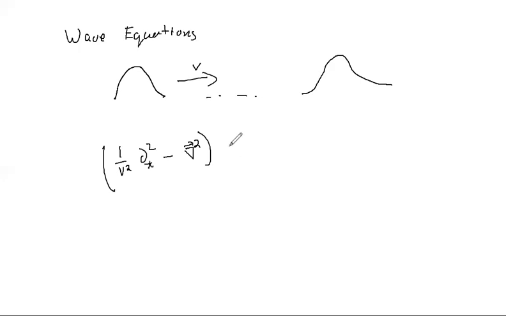Let's just call it W for wave. And it's generally a function of x, y, z, and t. So in general, it's quite a complicated equation.